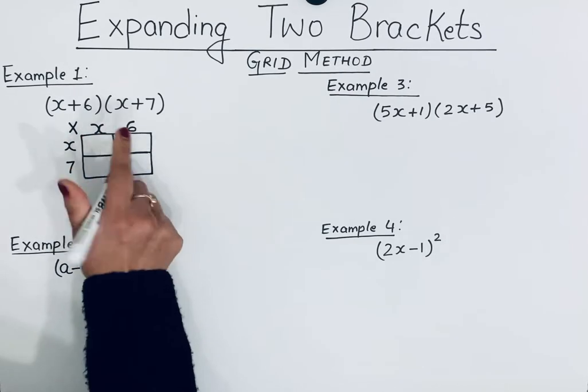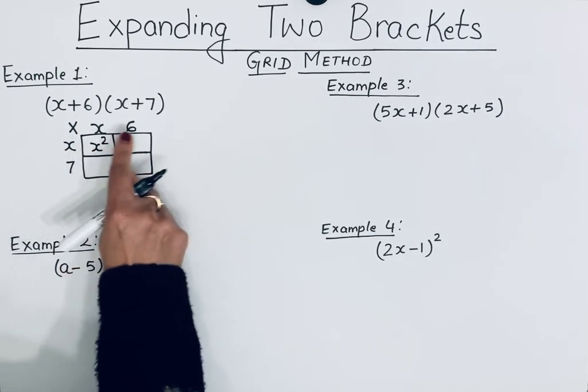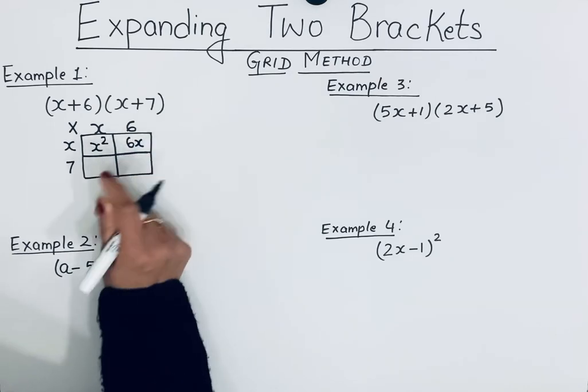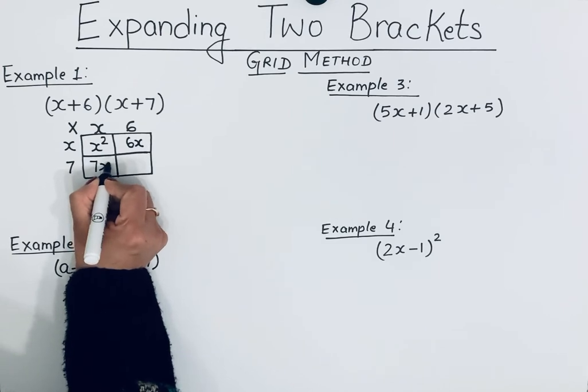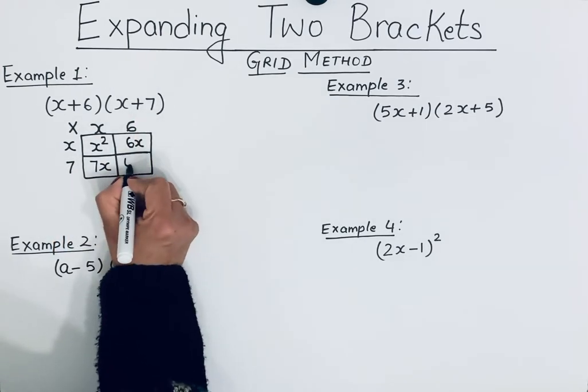x times x, that's x squared. x times 6 is 6x. 7 times x is 7x. And 7 times 6 is 42.